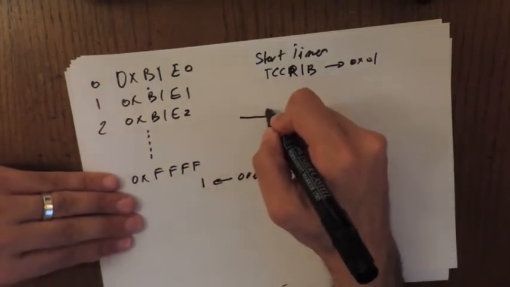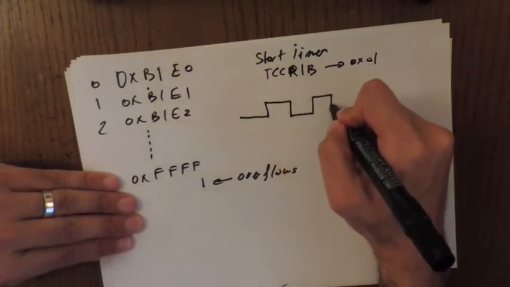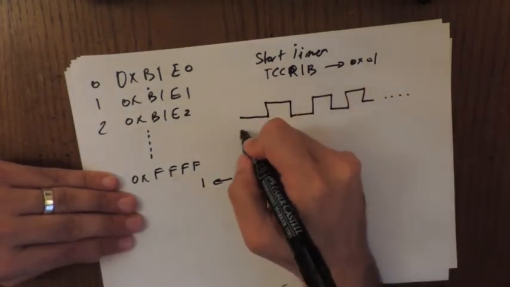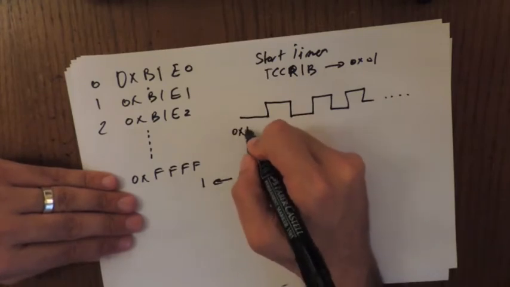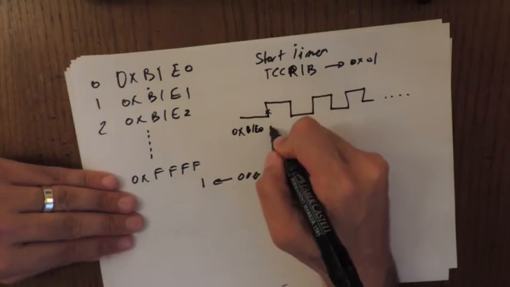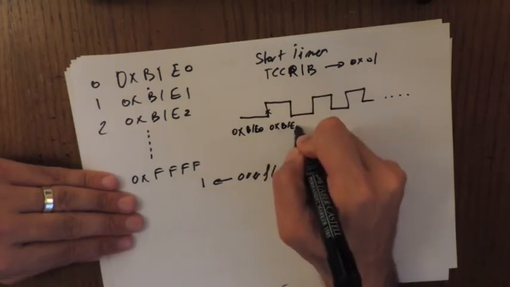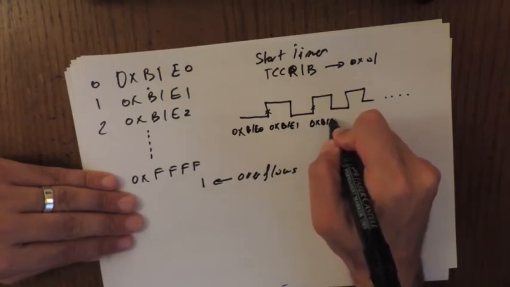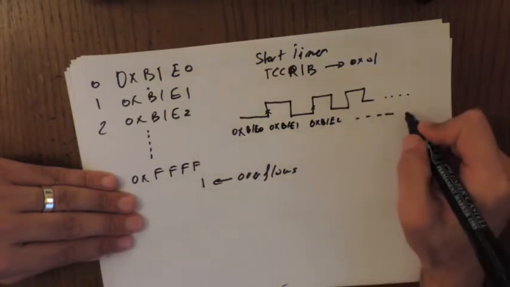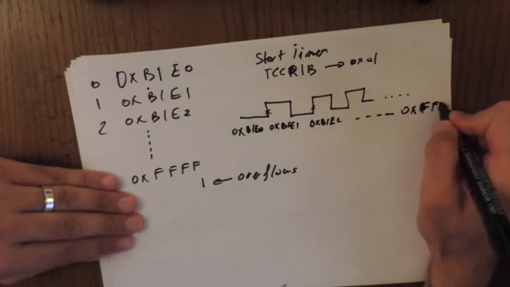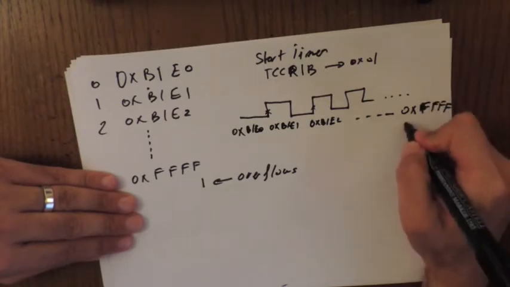So this is the clock. I start here with 0xB1E0. The first edge will be 0xB1E1. The second, 0xB1E2, until I reach 0xFFFF plus 1.